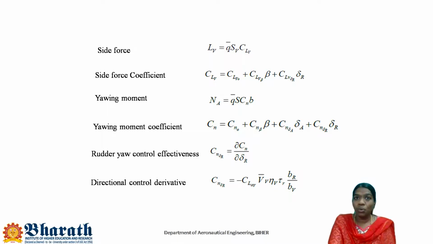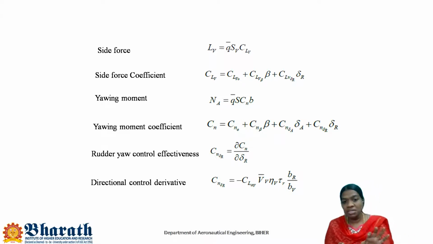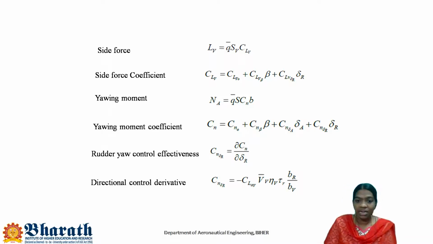As we know, both the aileron and the rudder are coupled control surfaces, so both depend on each other. When the rudder is deflected, definitely there is the possibility of roll in the aircraft. Similarly, when the aileron is deflected, the aircraft will undergo yaw. So both are coupled, and that is the reason why we have included the aileron deflection in the yawing moment coefficient.